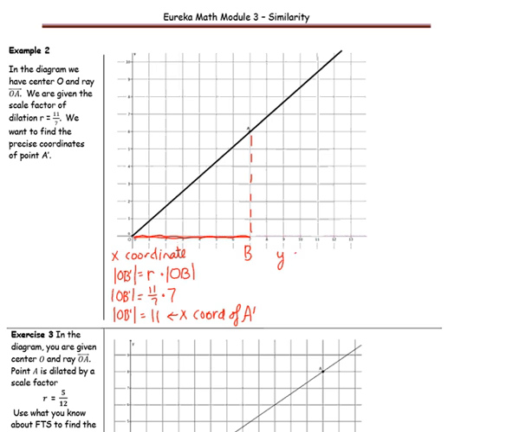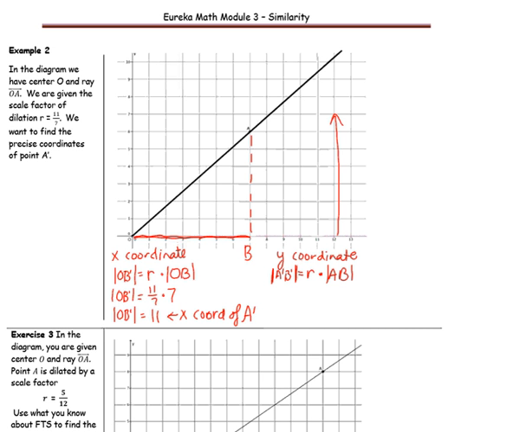Next, we'll find the y coordinate. The length of AB times the scale factor is equal to the length of A prime B prime. The length of A prime B prime is the y coordinate because it will take us up to that coordinate.